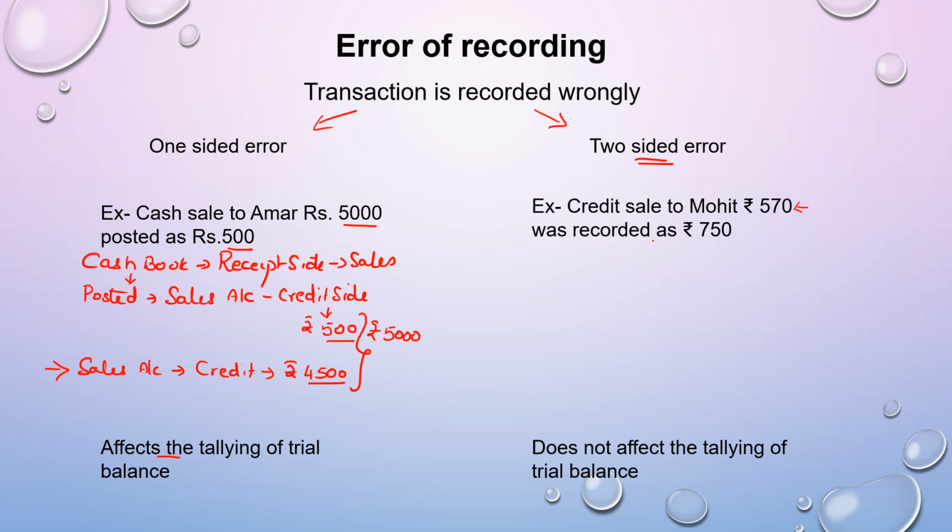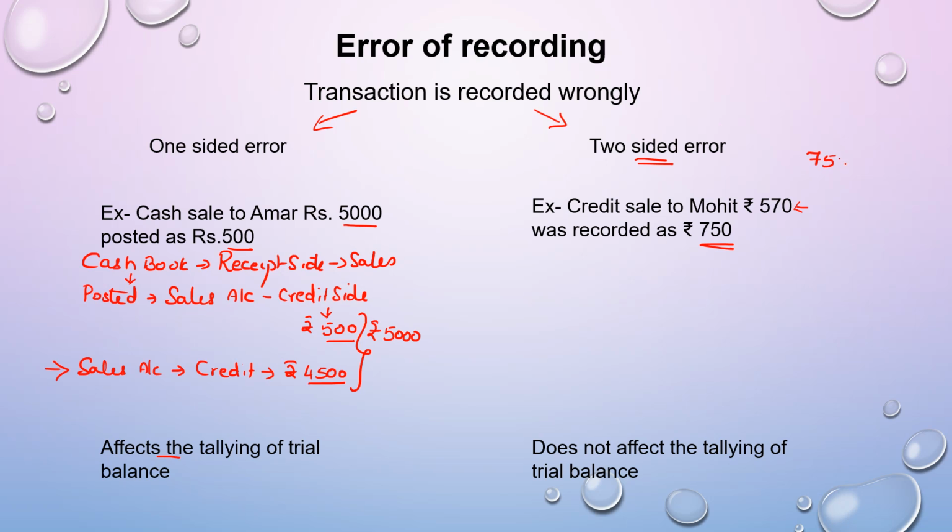But it was recorded at 750, which means to both the sales account credit and Mohit account debit, 750 has gone. So you have put more.